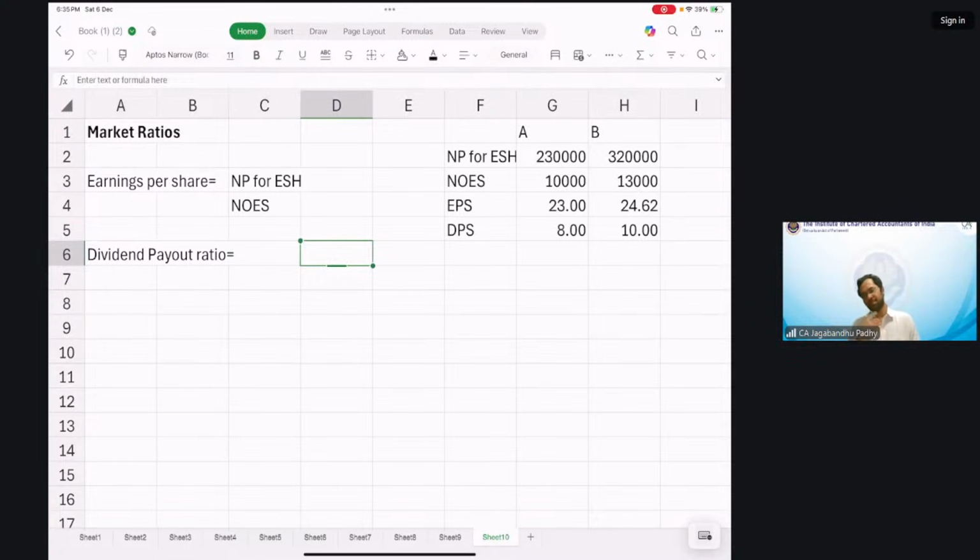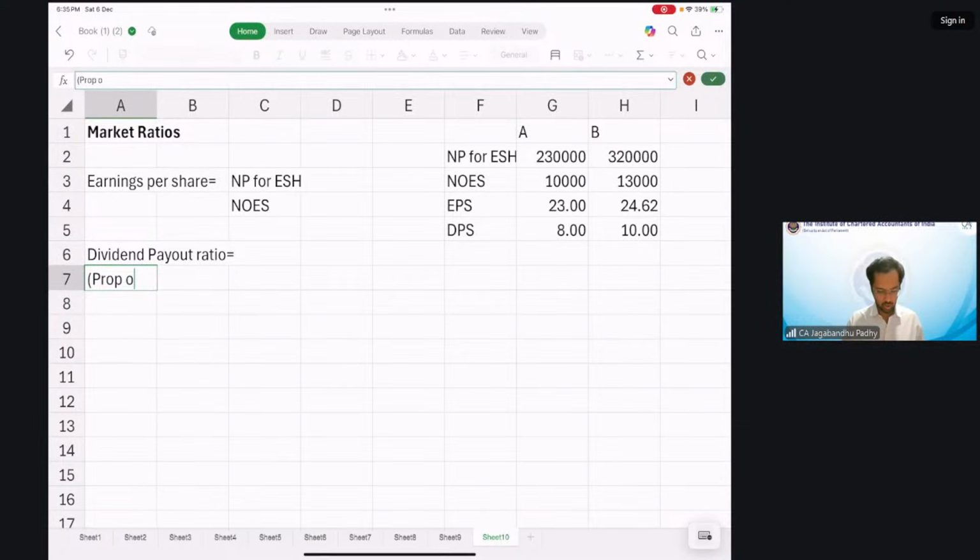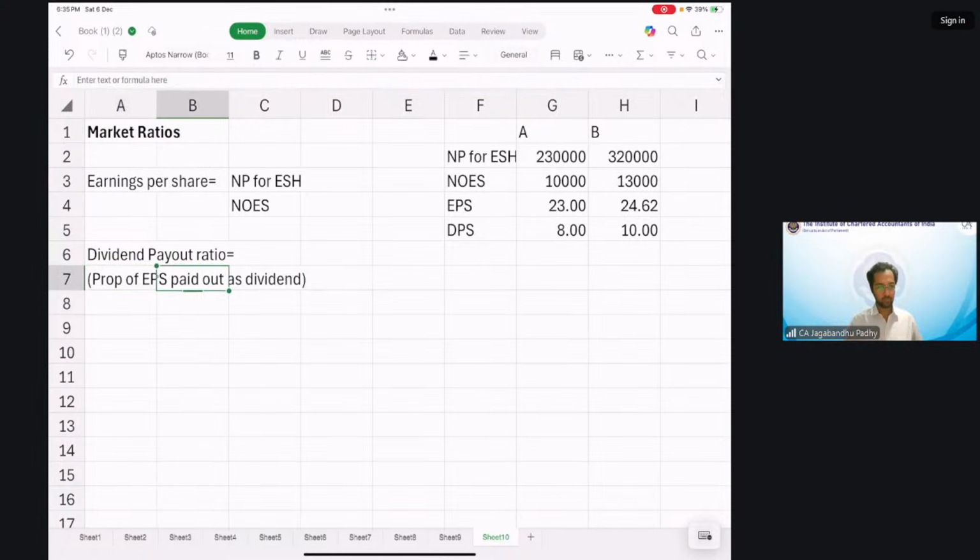Dividend payout ratio means the proportion of dividend that you are going to pay. So dividend payout ratio is the proportion of EPS paid out as dividend. So how much is the proportion of EPS which is paid out as dividend, guys?